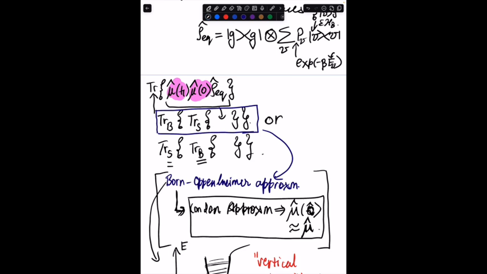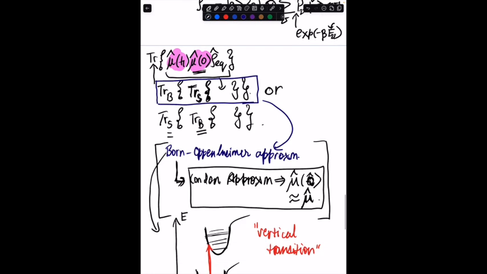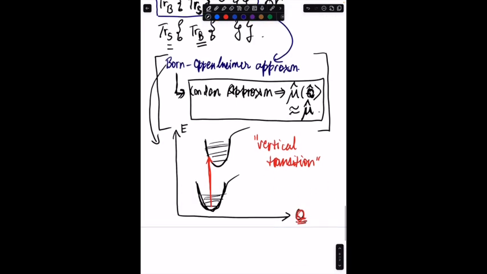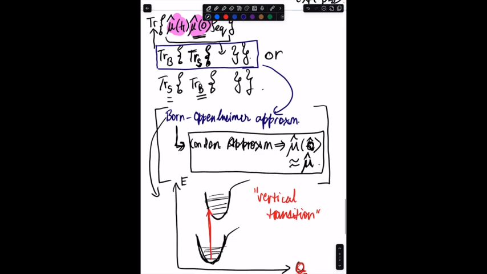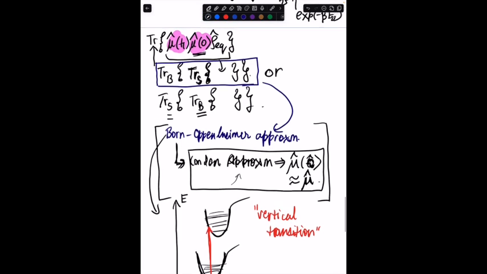So I can perform the trace over all the system states first, and then the dipole operators, which depend only on the system states, can be traced over the system states, and then the resultant trace can be performed over all the path states. So that would logically make more sense too. So we are going to do that now. And this approximation is known as the Condon approximation.